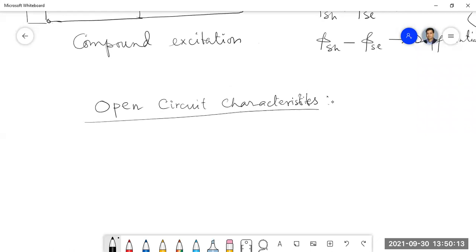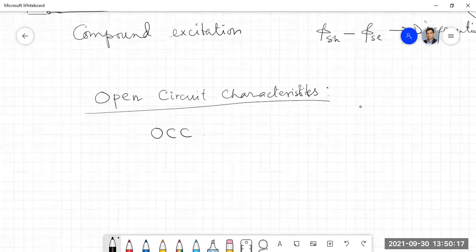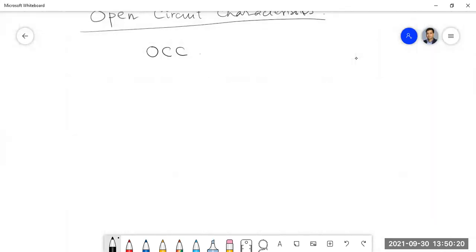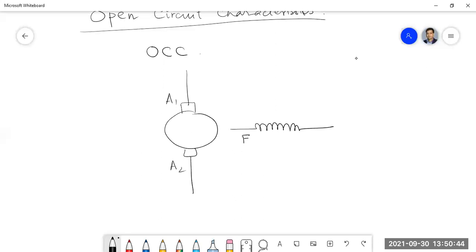Or it is called the OCC, open circuit characteristics. Now, generally, we obtain the open circuit characteristics experimentally by running a DC machine in separately excited mode. That means how? Suppose this is a DC machine, and we have two field windings.